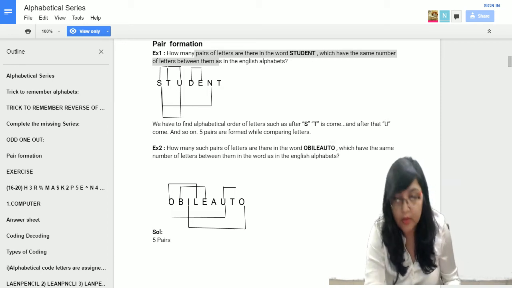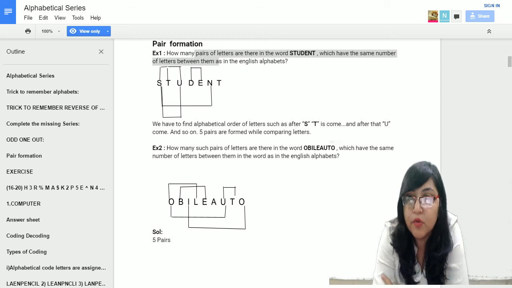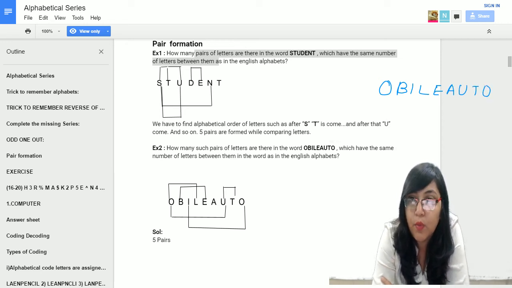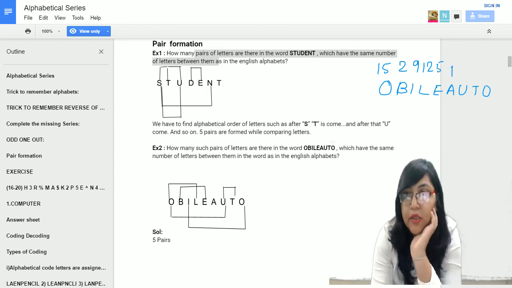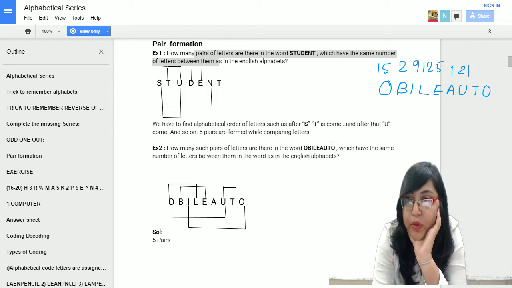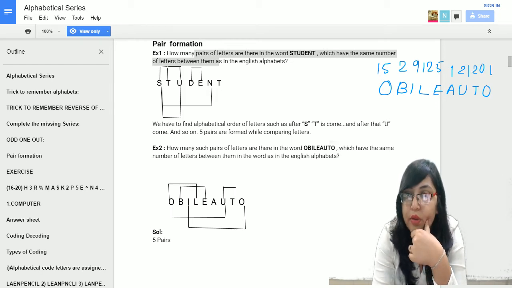Okay, we'll do it with numbers, because I think by numbers you can do the questions more easily. So O is 15, B is 2, I is 9, L is 12, E is 5, A is 1, U is 21, T is 20, and O is 15.